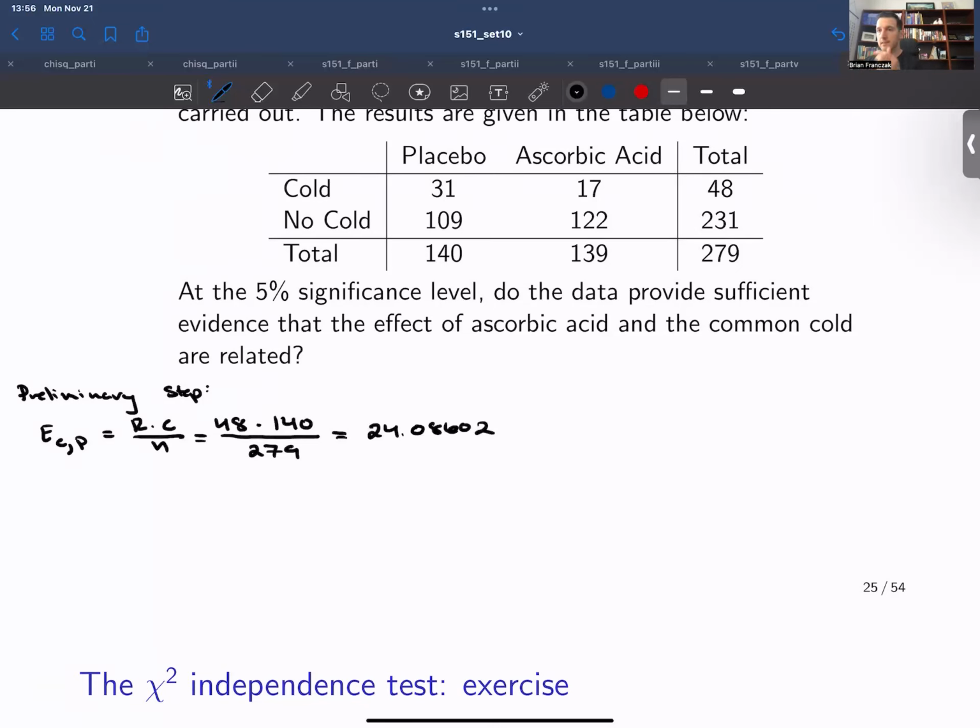Now we need to repeat this exact same process for the 3 remaining combinations in the table. The process is exactly the same. All that's going to happen is we're going to shift the row and the column we're working in.